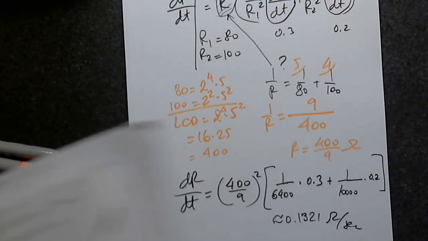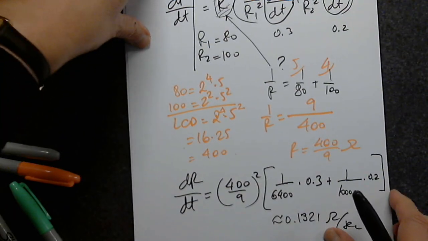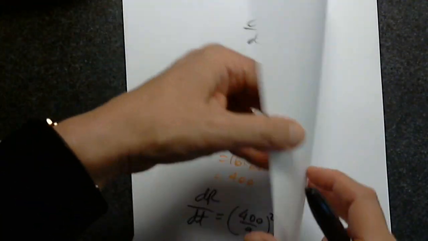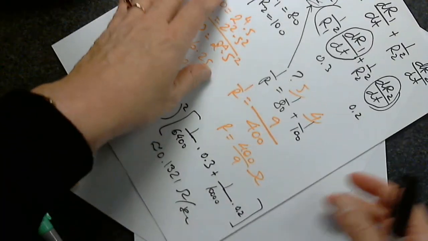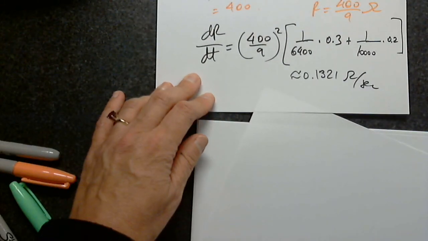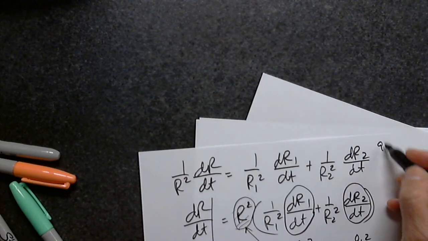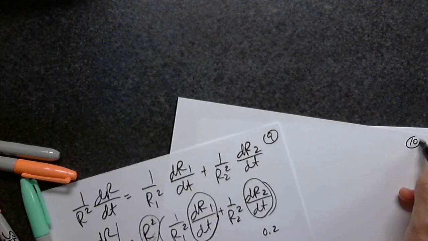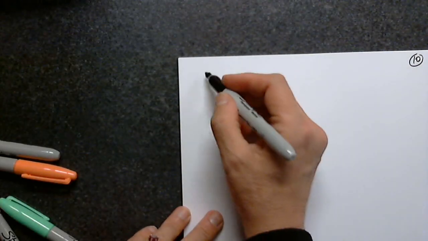So let's read the problem one more time and make notes. Take some notes on what is given to us and what we're asked to find. So this is problem 22 on 249.